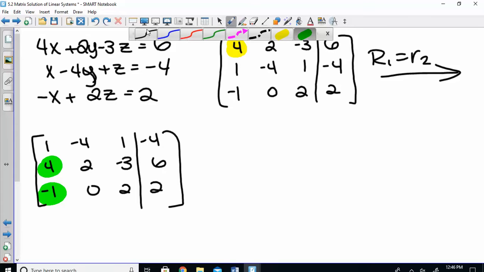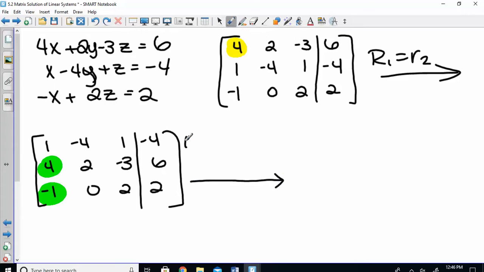Now we need everything else in that column to be 0. So row 1, that's the one we just got a 1 in that position, so that's the row we will be adding or subtracting to these. So for row 2 equals row 2, it's a positive 4, so subtract 4 of row 1.